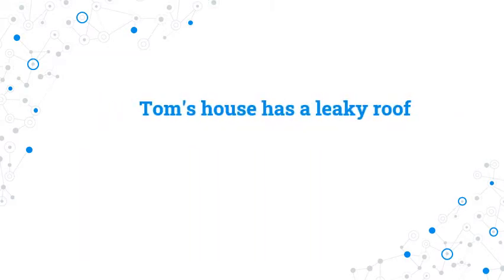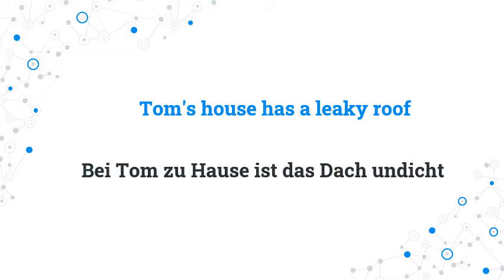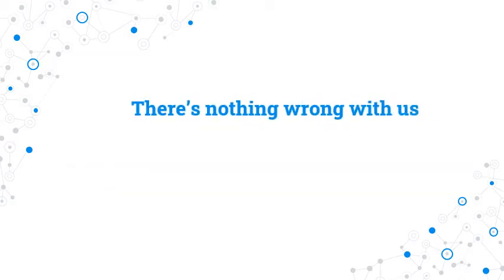How do you say, "Tom's house has a leaky roof," in German? Bei Tom zu Hause ist das Dach undicht. How do you say, "There's nothing wrong with us," in German?